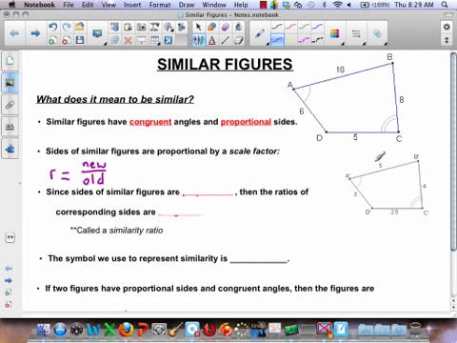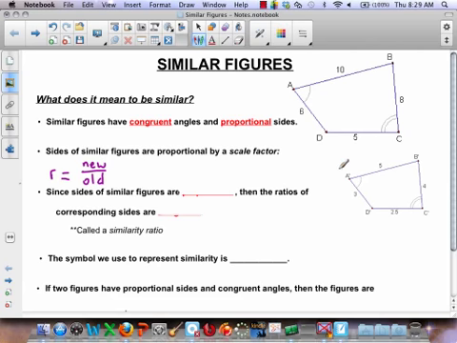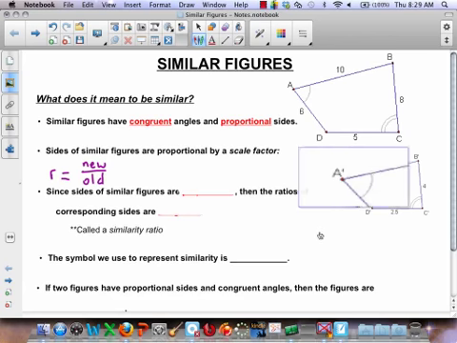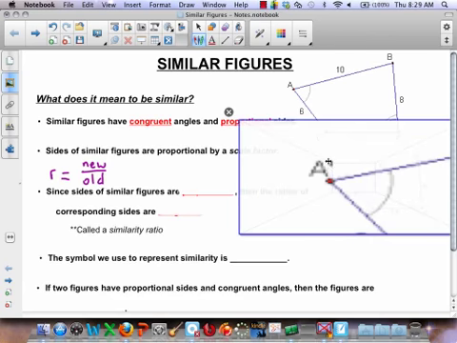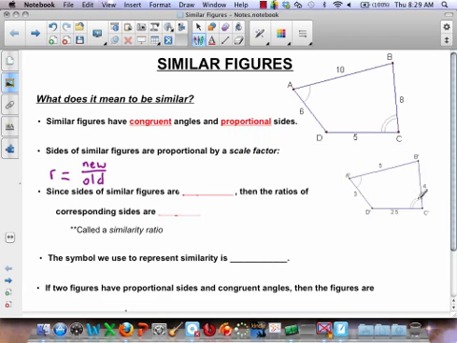If you look at these two shapes on the right, this is A, B, C, D. On the bottom we have A prime, B prime, C prime, and D prime. The prime is basically the new.